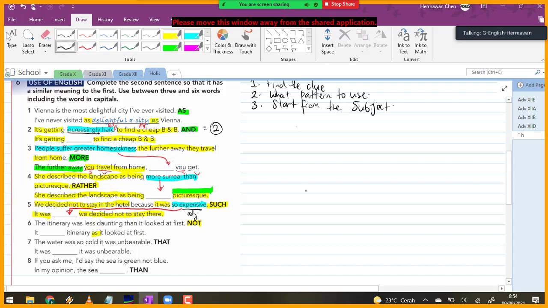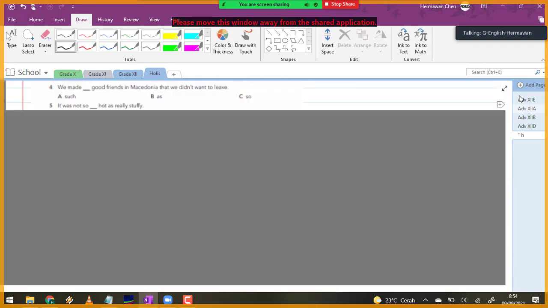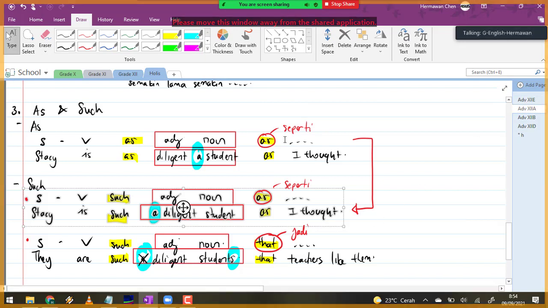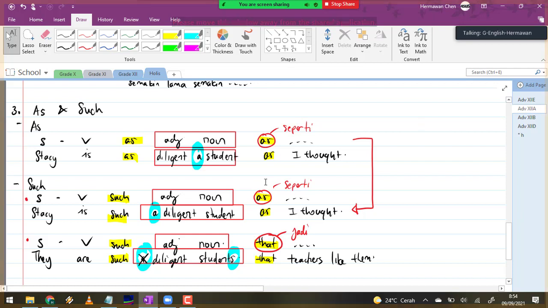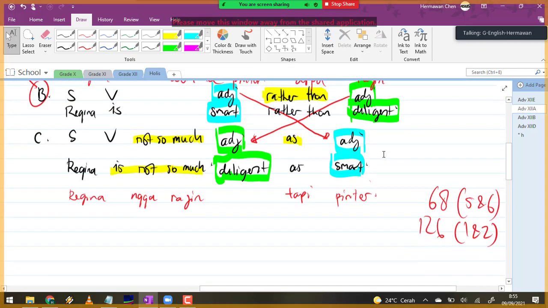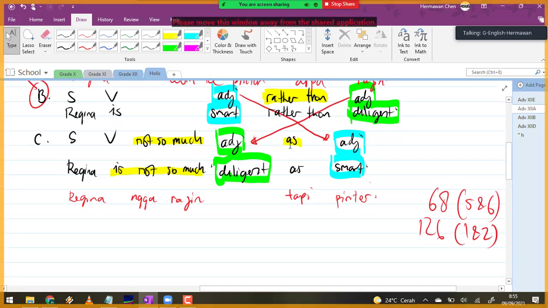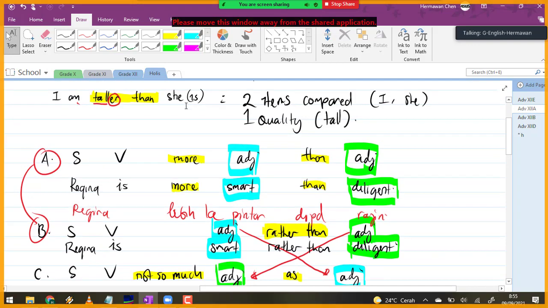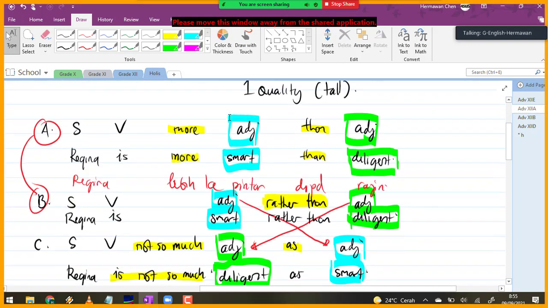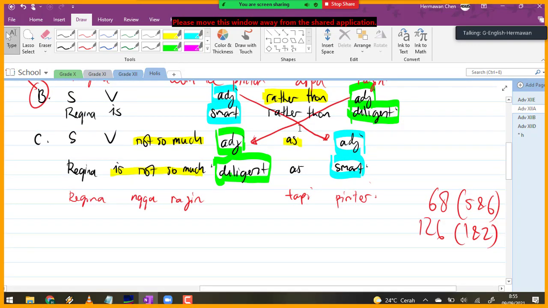For this one, guys, there are 3 patterns that we can use. Take a look. As and as, it means we can use as or such. The other one is this one. Pattern number 4, comparing two qualities, as.